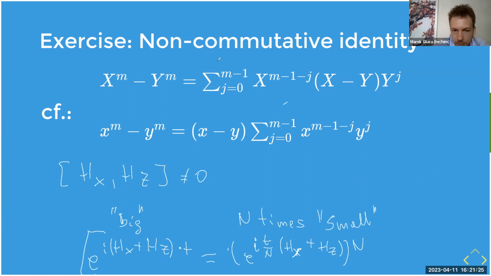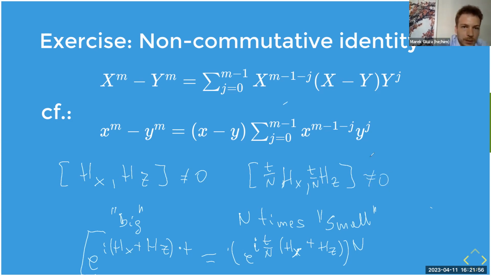Now let's consider the small operator. What is t over n hx and then t over n hz? Well, this is again non-zero. But we could ask, how big is this non-commutative part?